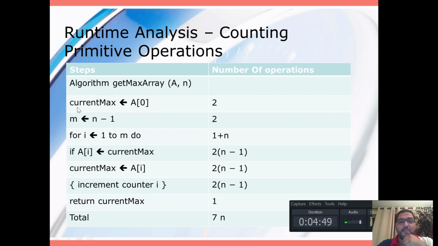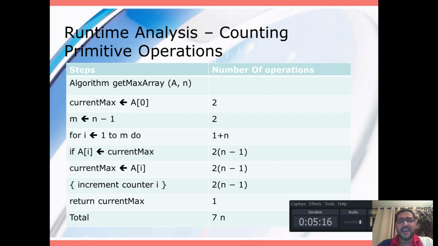I have a variable called current max. I assign it to the initial element of the array, so A of 0. Now the current max has the first element of the array. And then I have another element, which is the length of the array, n, the maximum number of iterations that this for loop is going to have.